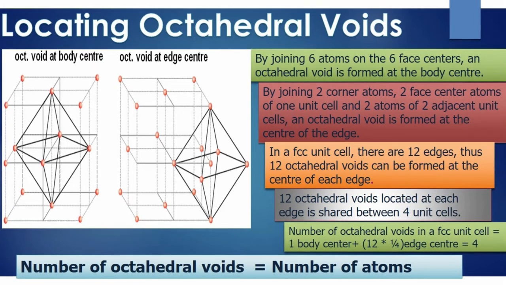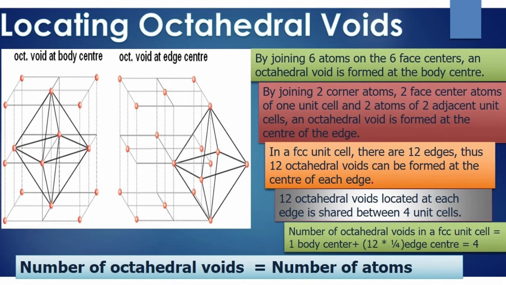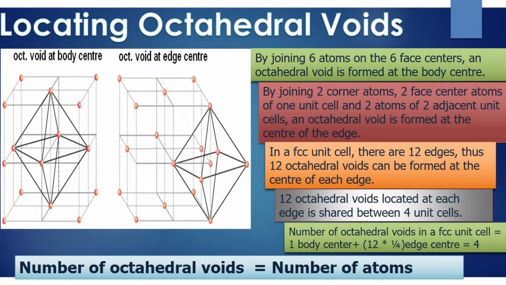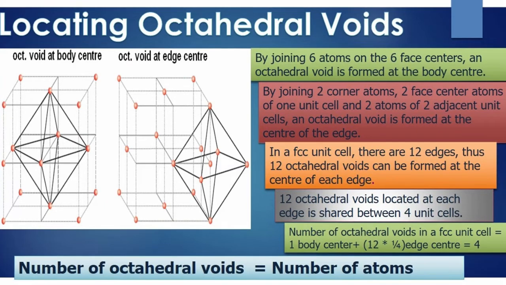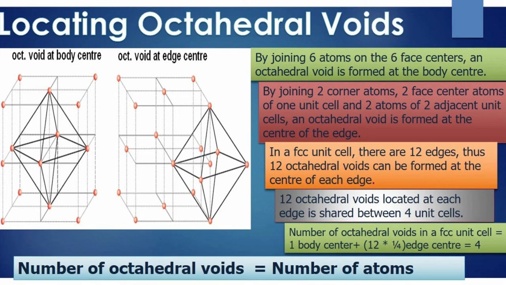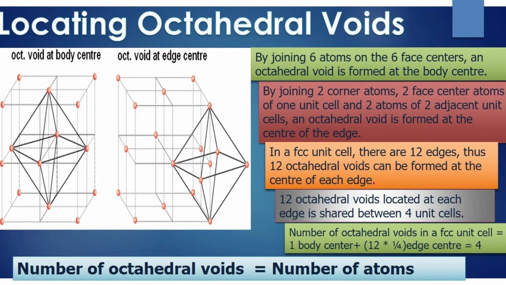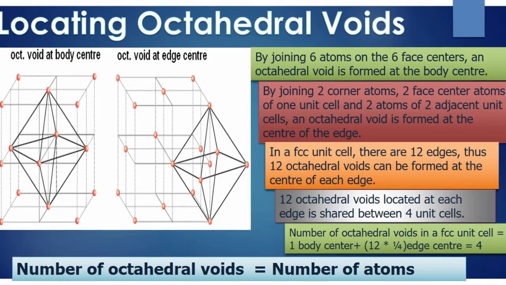So, 1 plus 3 will be equal to 4. We also know in an FCC unit cell, the number of atoms present is equal to 4. So, we have 4 octahedral voids and 4 atoms present in the FCC unit cell. Thus, you can prove that the number of octahedral voids is equal to the number of atoms present.